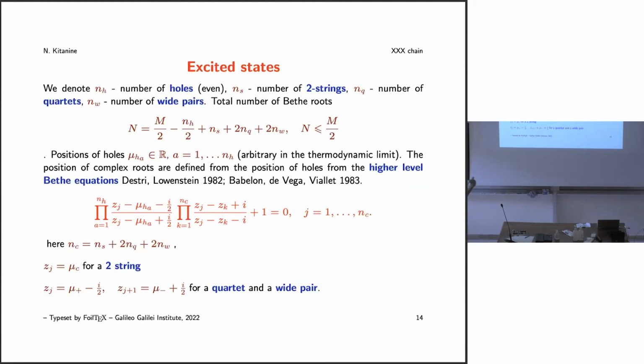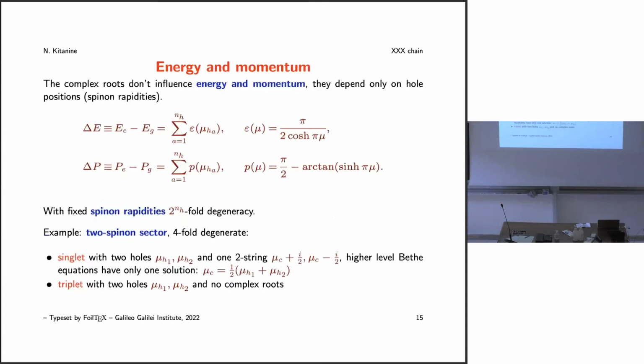And of course, it becomes very simple when the number of holes is small, like 2 holes. No, they can be everywhere on the real line.